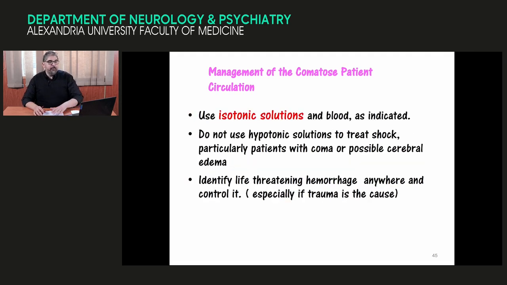How can we replace fluids? We should use isotonic solutions. Isotonic solutions mean the fluids that are similar to the tonicity of the blood. Simply, we are not going deep into this point.